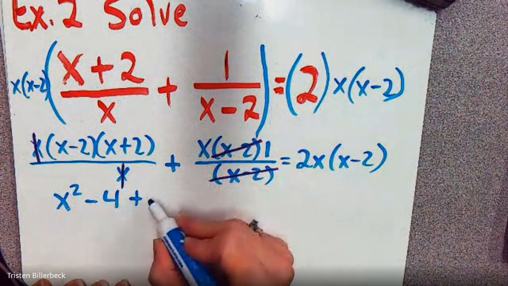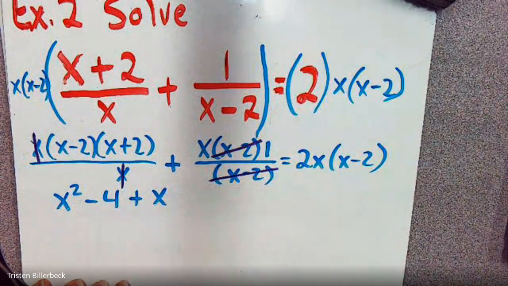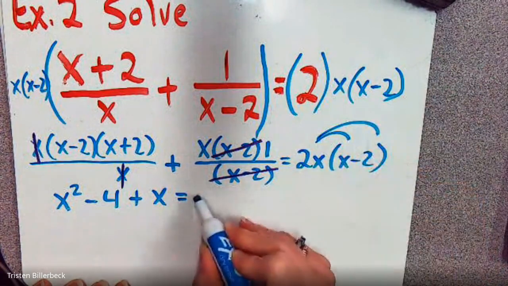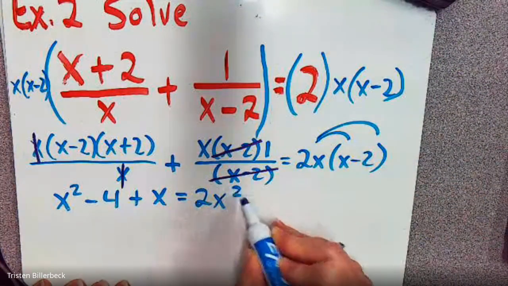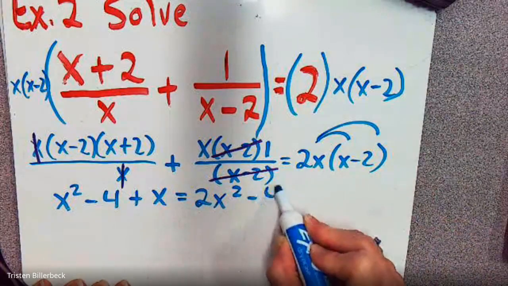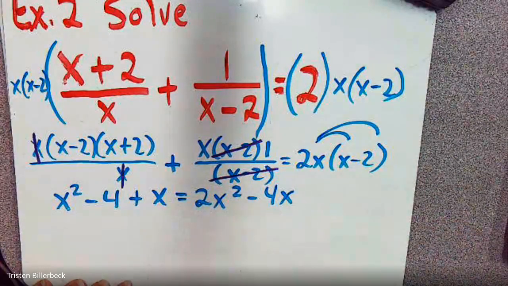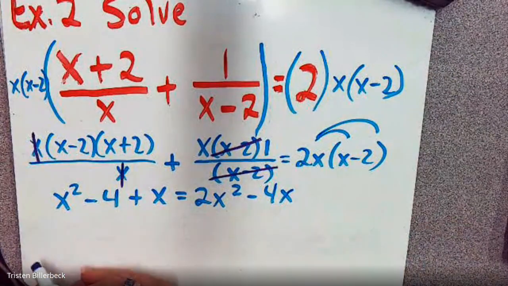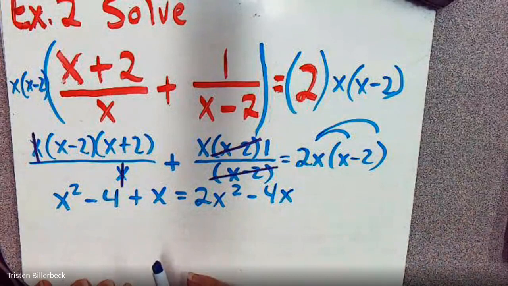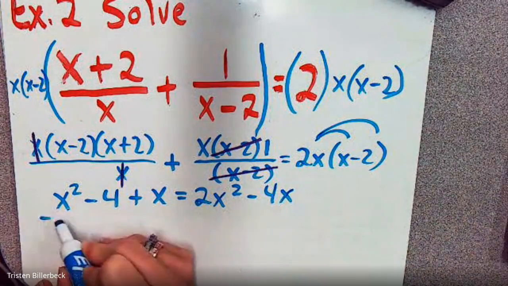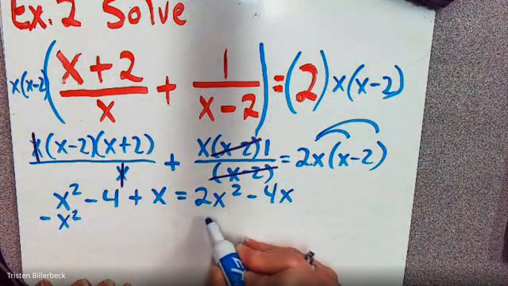and the only thing that survived this cancellation was x. And then if we distribute this, we have 2x squared, and then 2x times negative 2 is minus 4x. All right, so if I'm going to start moving things around, this one's bigger, so I'm going to move this one around to over here.